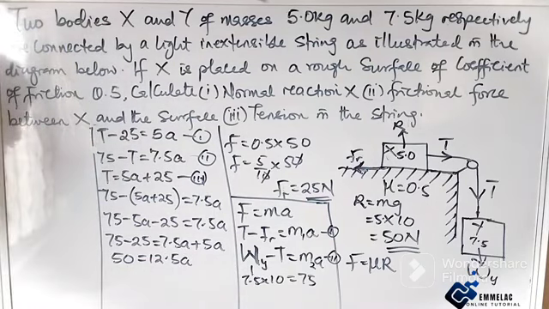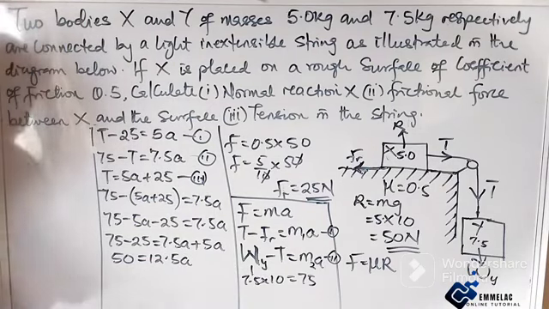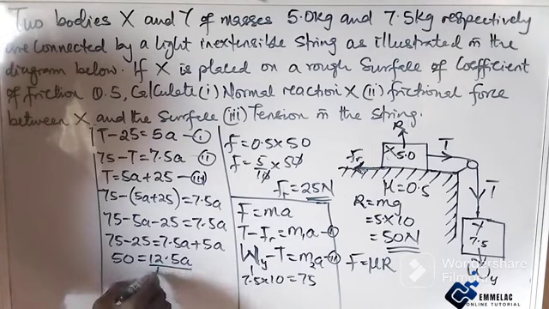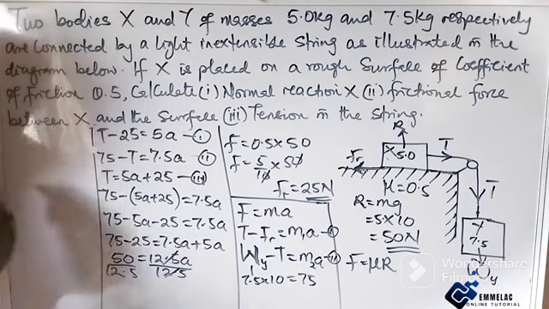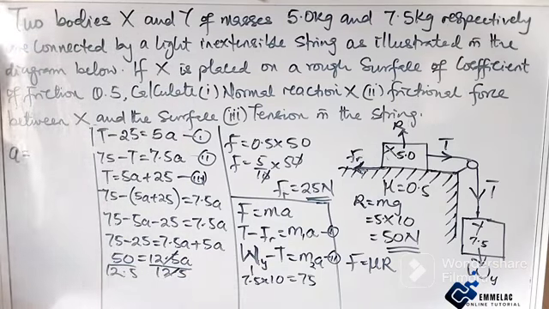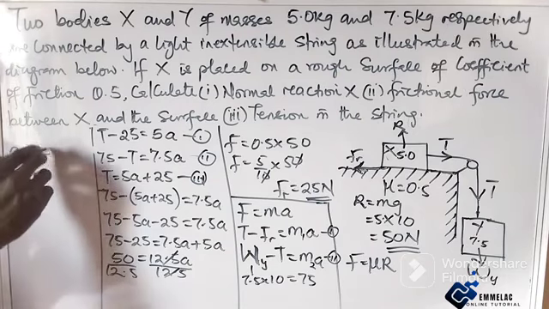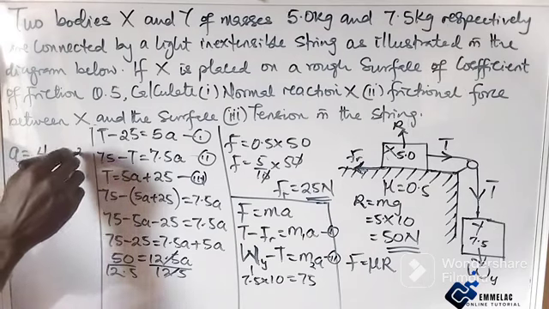Alright, so we can divide both sides by 12.5. This will cancel this. So our a will be 50 divided by 12.5. Now this should give us 4 meter per second square.